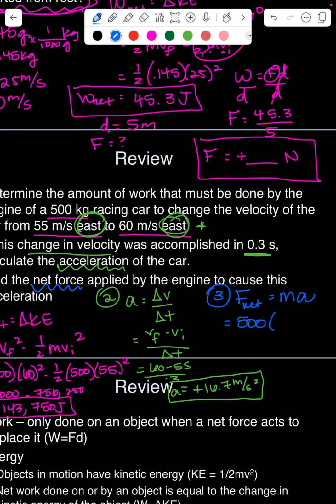We just found that acceleration to be 16.7 meters per second squared. We multiply those, we do get 8,350 newtons. Remember that force is a vector quantity, and our net force and acceleration will always have the same direction. So the net force applied is a plus 8,350 newtons.